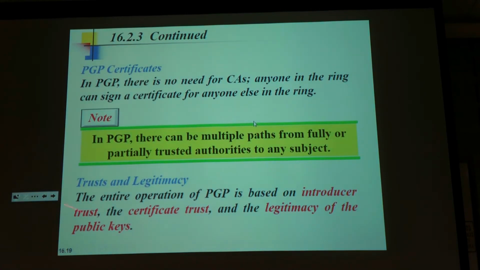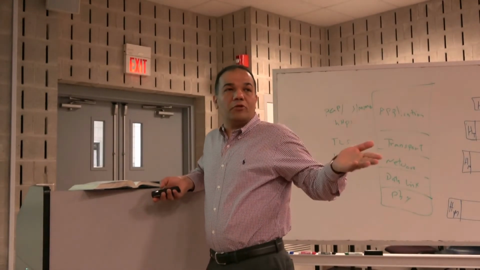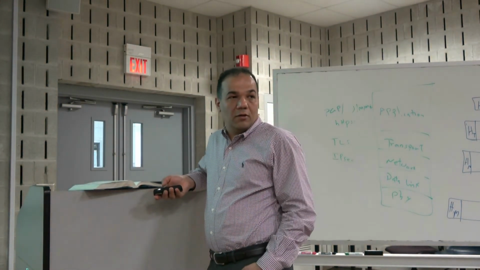Trust and legitimacy. The entire operation of PGP is based on introducer trust, the certificate of trust, and the legitimacy of the public keys. Three things. If you have a certificate, you could trust that person, or by the introducer: if there is an introducer whom you trust who introduces another person to you, then you trust that person.